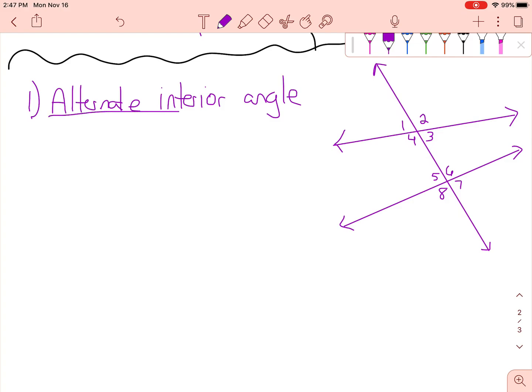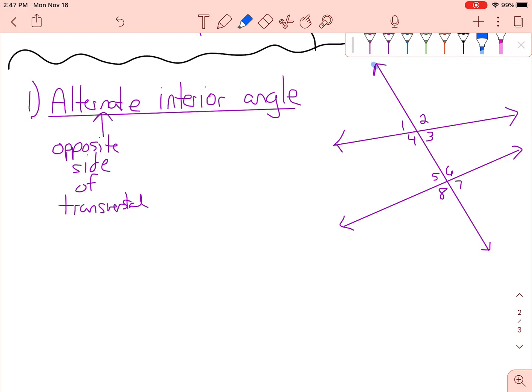Alternate just means on opposite sides of the transversal. So what that means is one of them is going to be on the left side of the transversal, one of them is going to be on the right side.